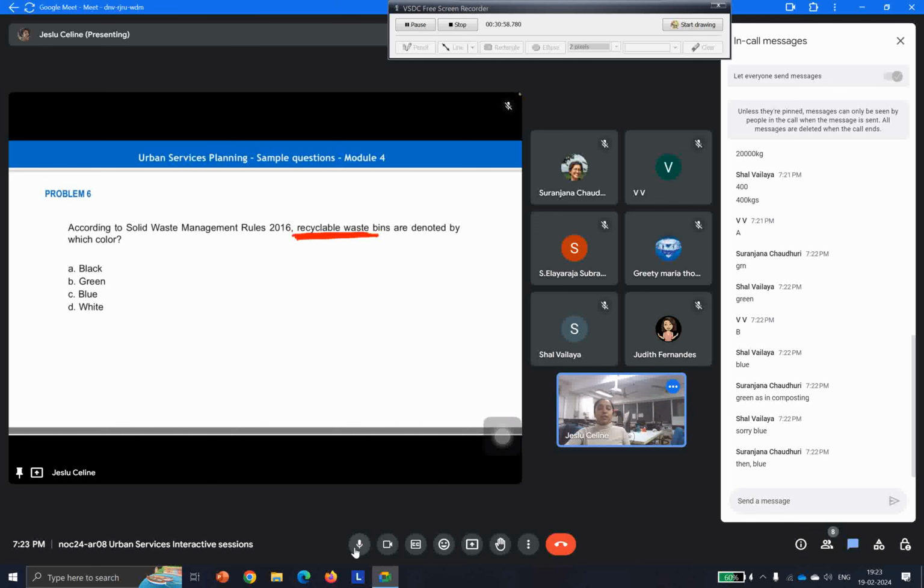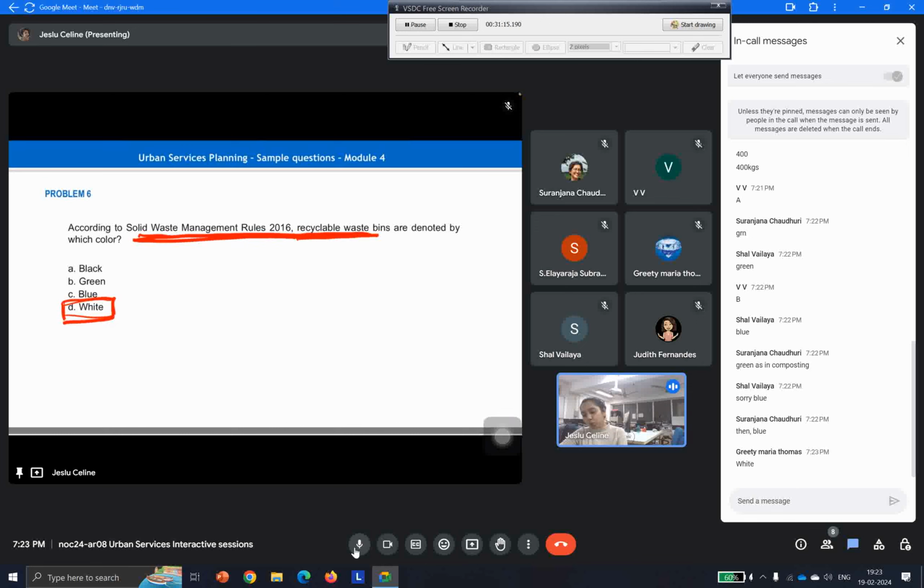Yes, blue is what you might have observed everywhere for recyclable waste. Someone says white. White is the right answer, because as per the Solid Waste Management Rules of 2016, it should be white, but blue is also used. The rule specifies white, but in public spaces we always see blue. So if the question asks what it is supposed to be as per this rule, the answer is white.